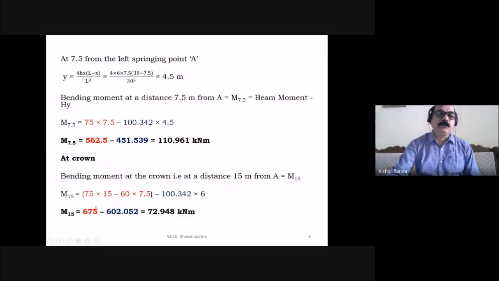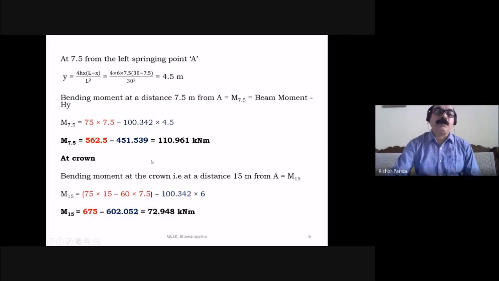The beam moment is 675, and the moment due to horizontal thrust is 602.052. So the total positive moment is 72.948 kilonewton meter.